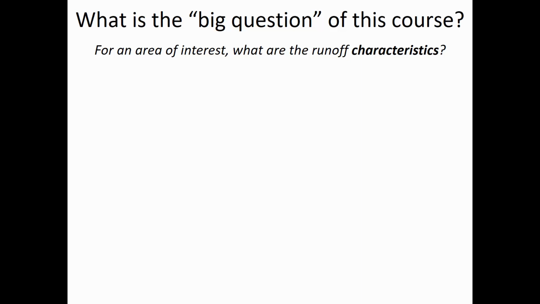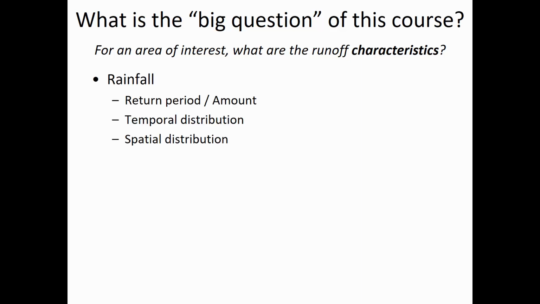Characteristics get into the amount, the timing, and also some of the quality issues, because the characteristics could be talking about the amount of sediment that's being scoured out of a watershed, or the nutrient loads, things like phosphorus and nitrogen that are going to be stimulating algae growth in both rivers and in the Gulf of Mexico. So those characteristics can have a lot of important factors that are all-encompassing.